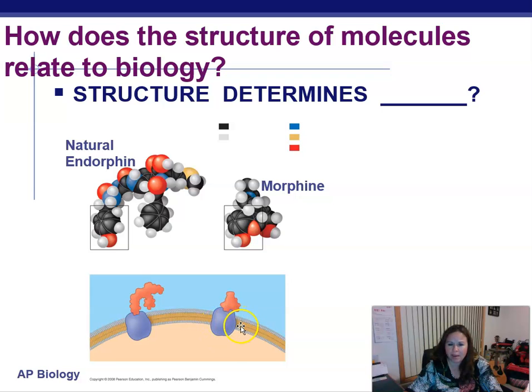So when we make drugs, or when you make natural endorphins, this little area right here acts just like morphine. It gets received by that receptor protein in the right spot, and it causes the correct changes to happen in the cell to ease pain. So it's very important the way molecules are structured, so that they work correctly in our bodies.